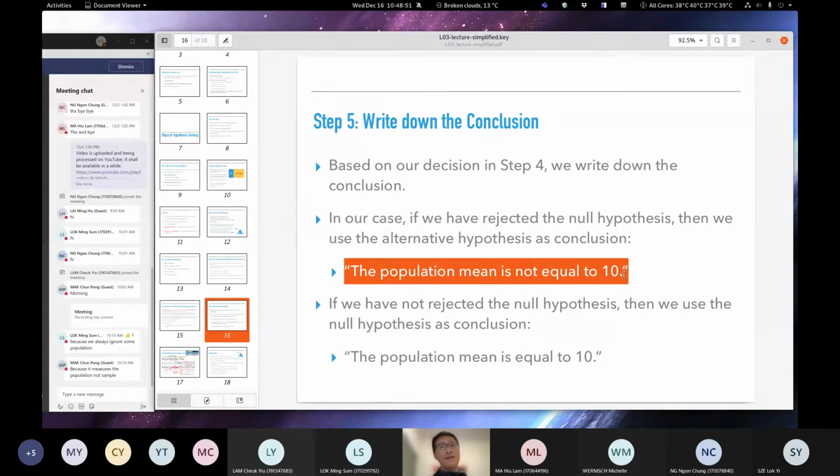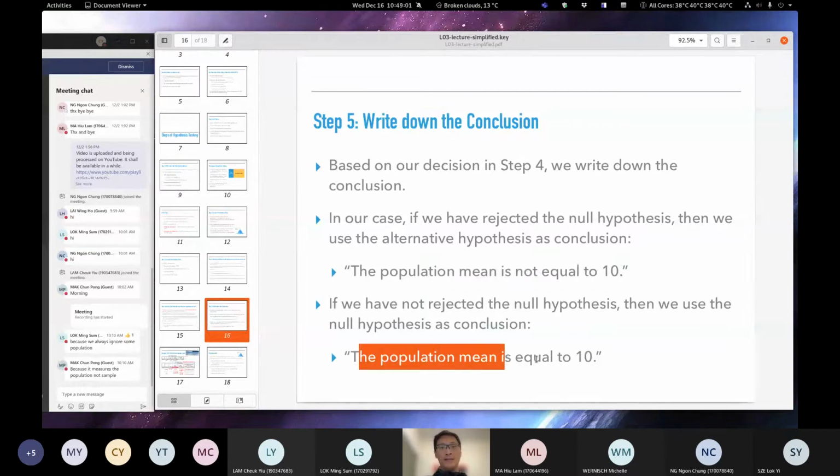On the other hand, if we do not reject the null hypothesis, then we say that the null hypothesis is true. Or in other words, we say that the population mean is equal to 10. And then you write down what it means to your research question. So that is how you write the conclusion.